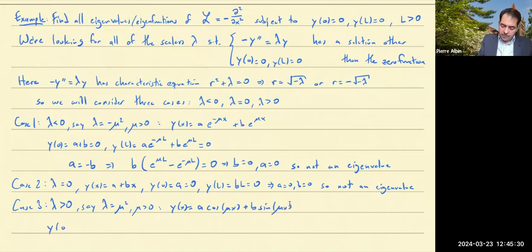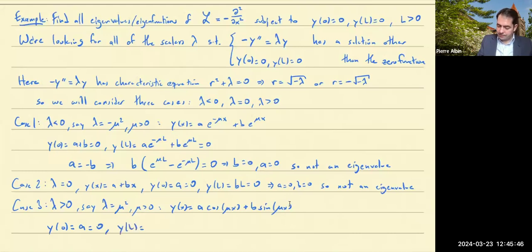So now let's plug in our boundary conditions. y of 0 is equal to 0. y of 0, well, cosine of 0 is 1, sine of 0 is 0. So y of 0 is a, and that's equal to 0.